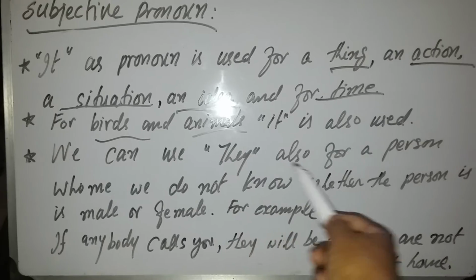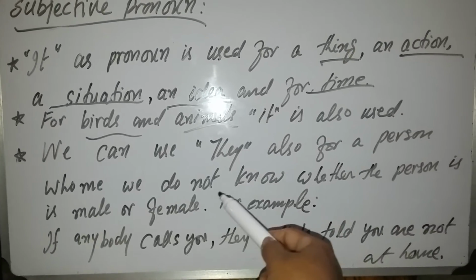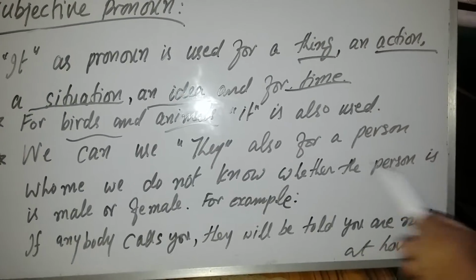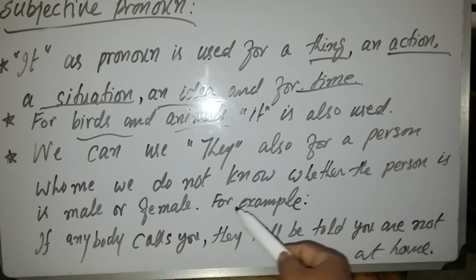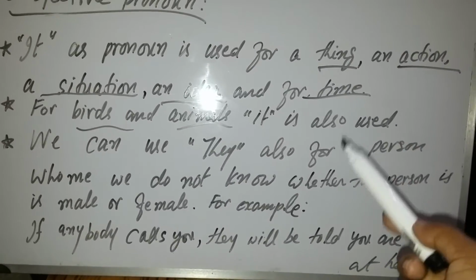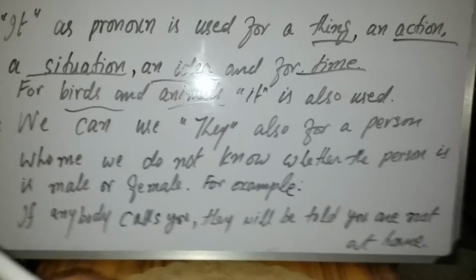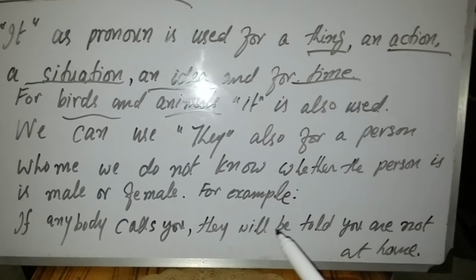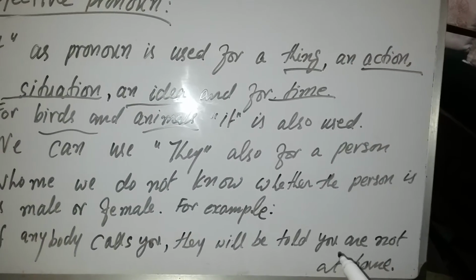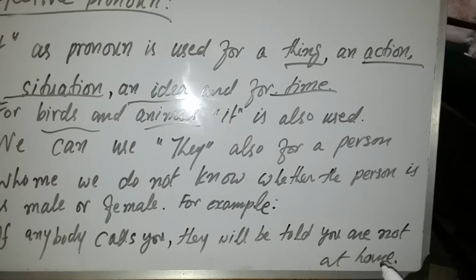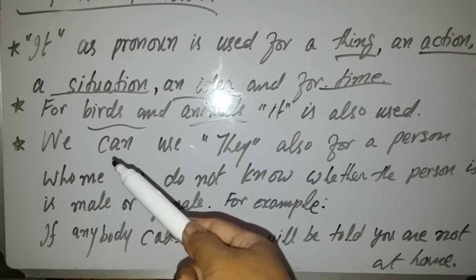We can use they also for a person whom we do not know whether the person is male or female. For example, if anybody calls you, they will be told you are not at home. They we will use as a subjective pronoun.